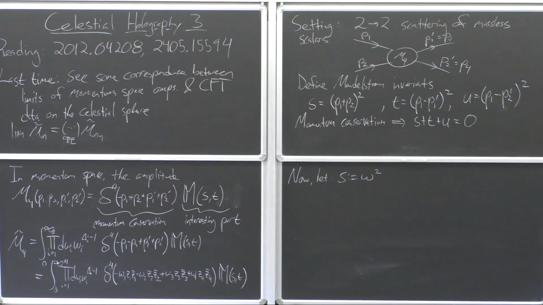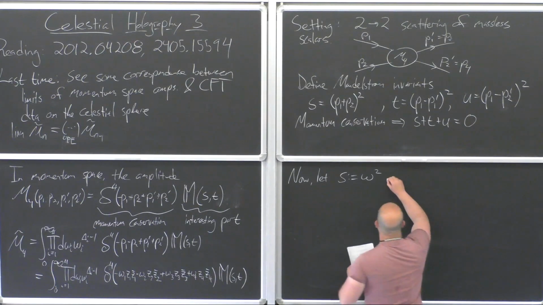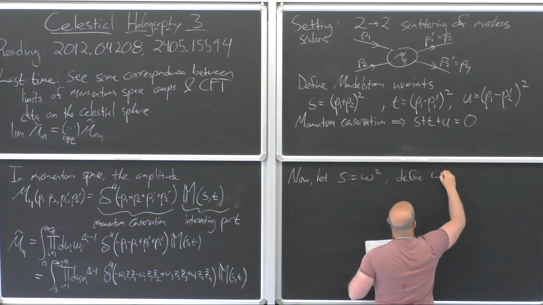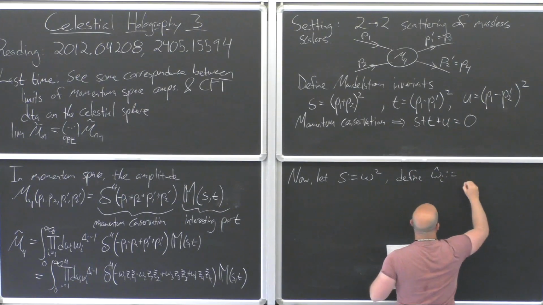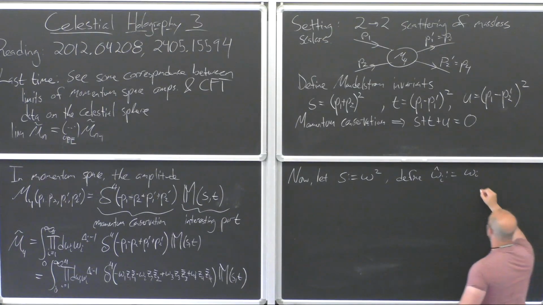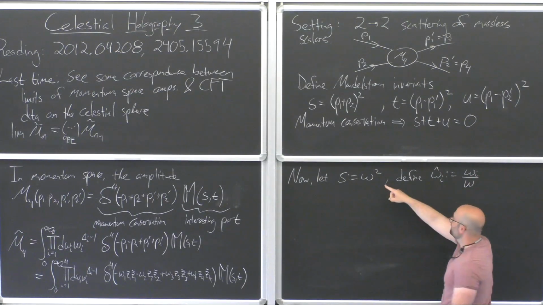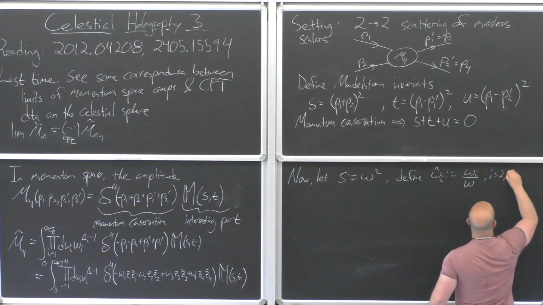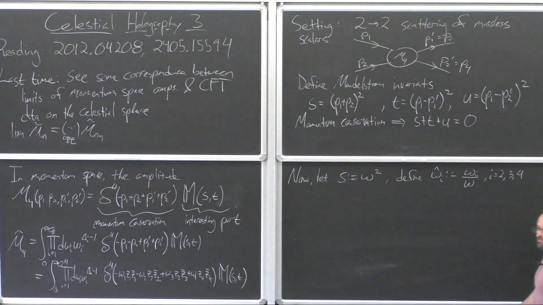We're going to say that omega squared is equal to the Mandelstam S. And then we're going to define omega i hat to be the frequency of the ith particle divided by omega, so divided by the square root of S, for i equals 2, 3, and 4.